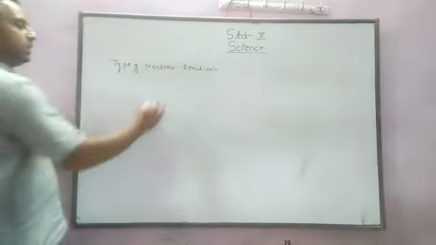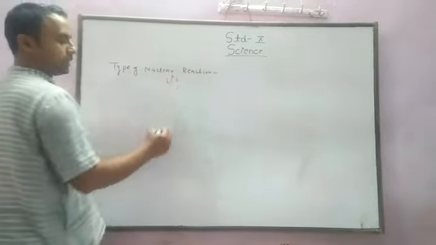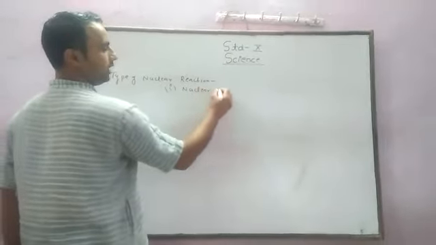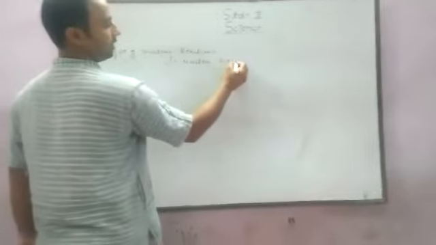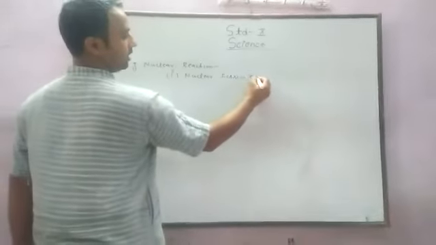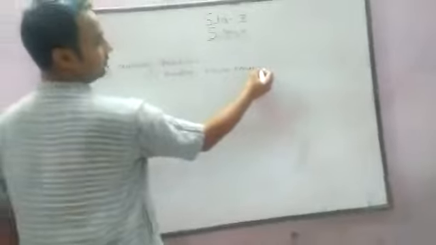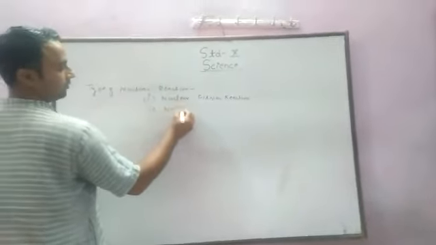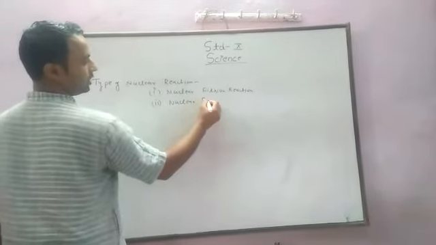There are two types of nuclear reaction. The first type is the nuclear fission reaction, and the second type is the nuclear fusion reaction.